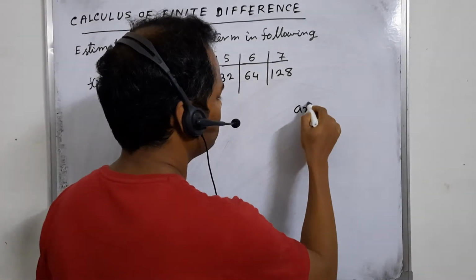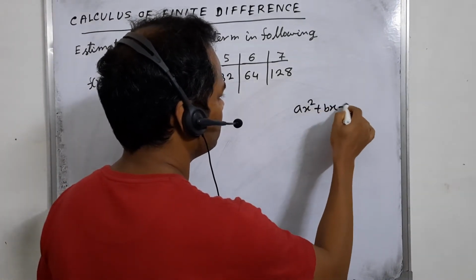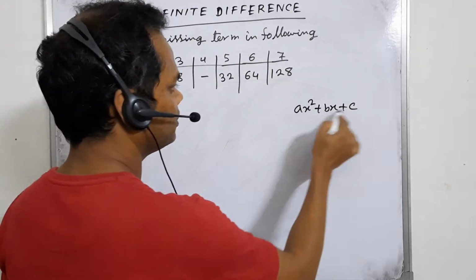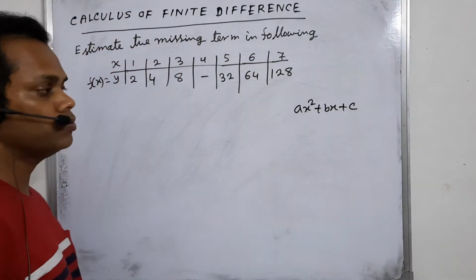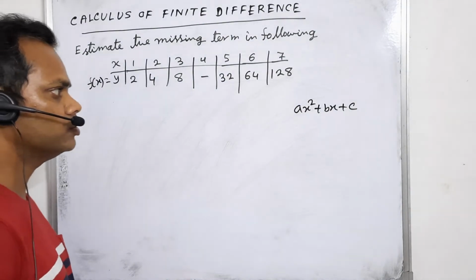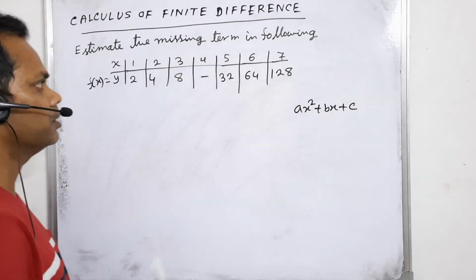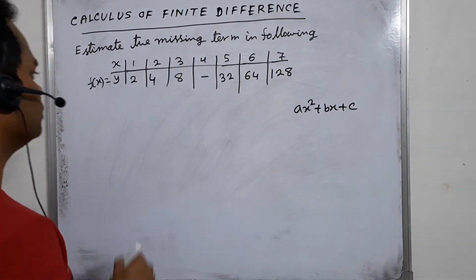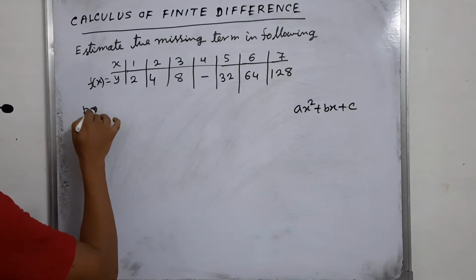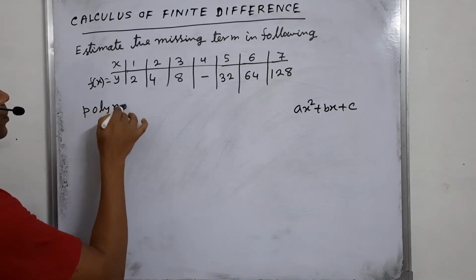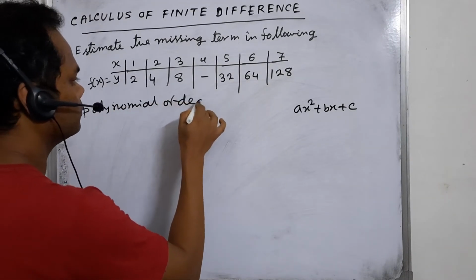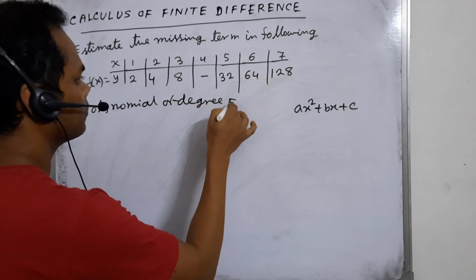If ax square plus bx plus c is a polynomial function of degree 2, there are 3 unknowns. So to find these 3 unknowns, we have to know 3 conditions, but here there are 6 conditions. So f(x) is a polynomial of degree 5.